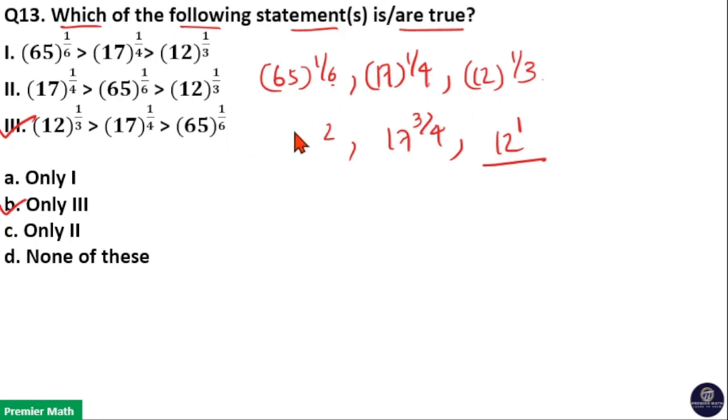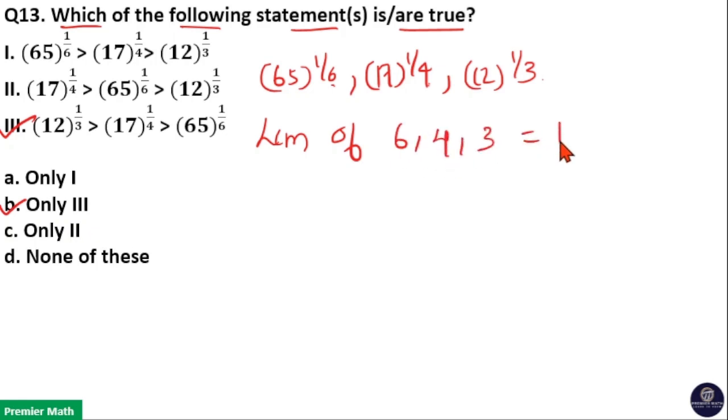Now, take the LCM of 6, 4 and 3, which is equal to 12. Now, multiply all these powers with 12. That is 65 raised to 1 by 6 into 12, that is 12 by 6. And 17 raised to 1 by 4 into 12 means 12 by 4.